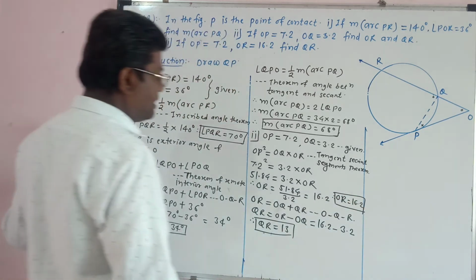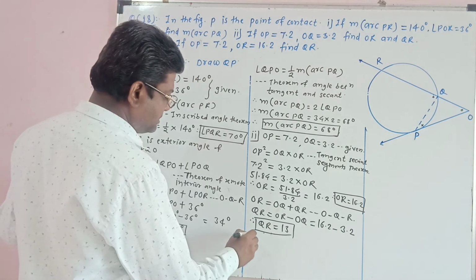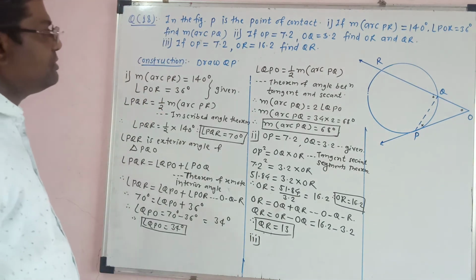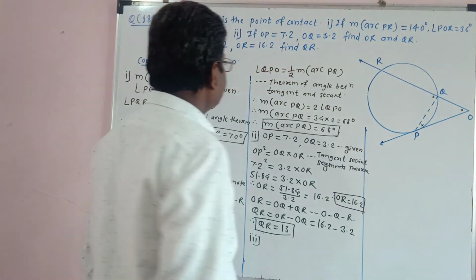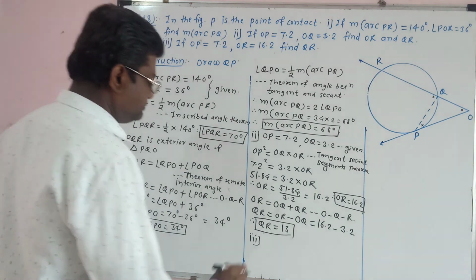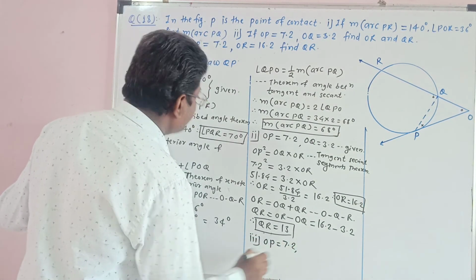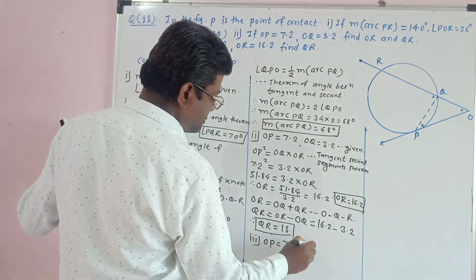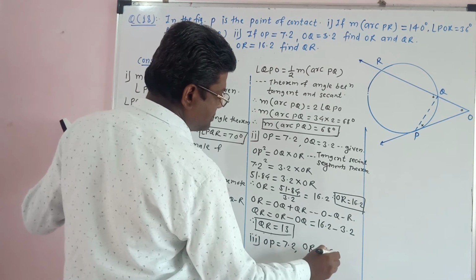16.2. This is our second answer. Now number 3. OP is equal to 7.2. OR is equal to 16.2.